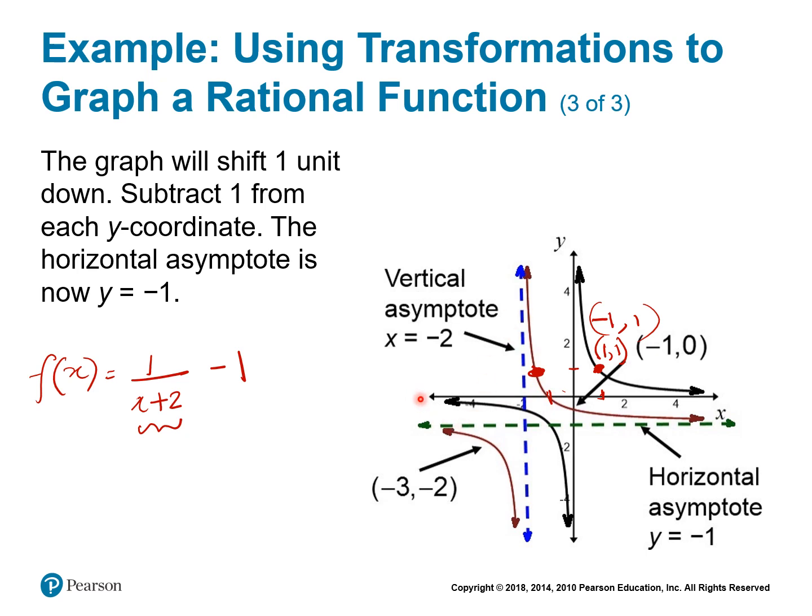Now we have to take into consideration the vertical shift, which is 1 unit down. Here k was -1, so the horizontal asymptote first has to slide 1 unit down. What will that result in?